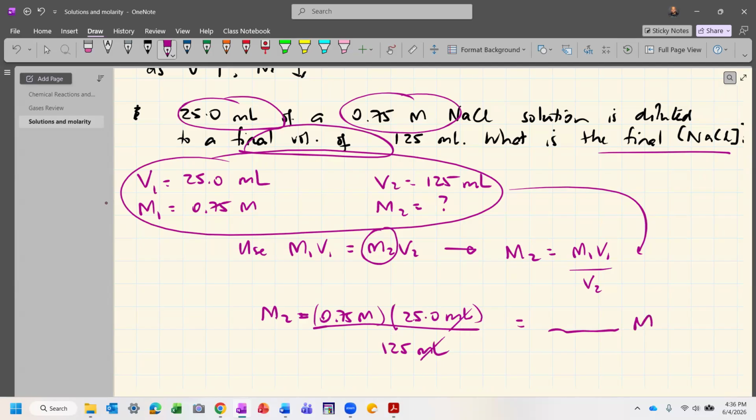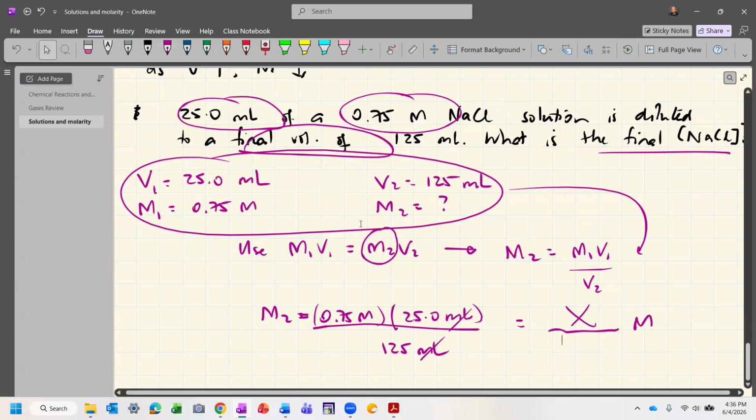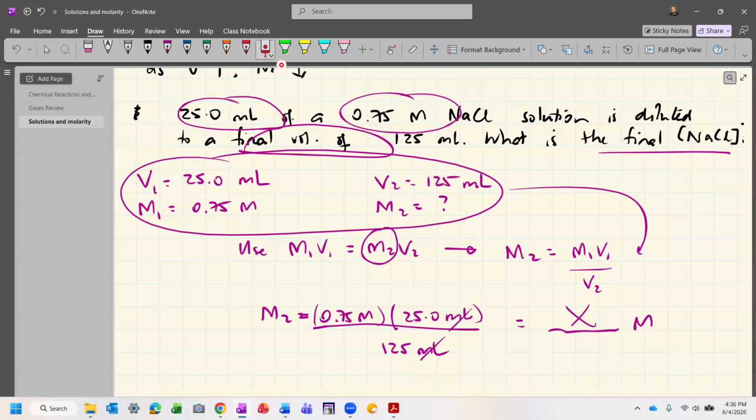And the other thing to note here is, once you get your final answer, let's say X, we know based on what dilution involves, we can predict that this final concentration must be less than M1, right? When you dilute something, the concentration decreases.